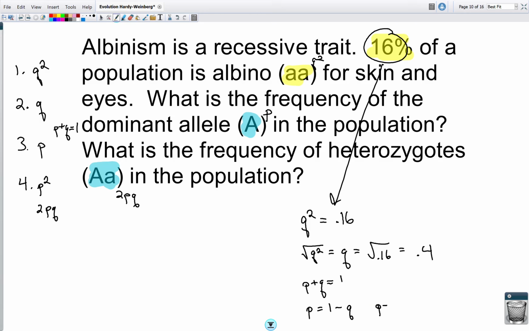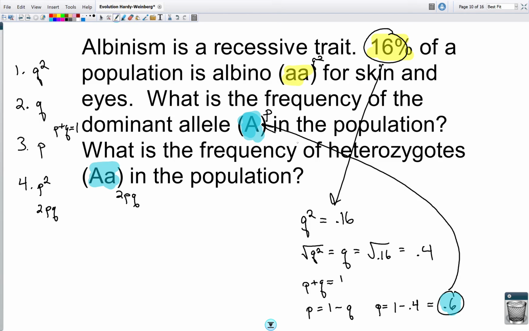And so p equals 1 minus 0.4. That means it's 0.6. This solves my answer over here. I just solved that part.